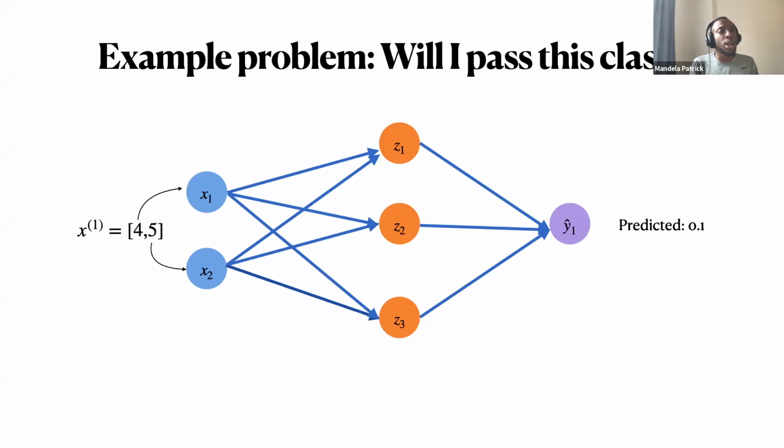So the neural network predicted 0.1, or a 10% chance that you pass the class. But the actual probability is more like 1, because as you saw from the graph, the more lectures you attend and the more hours you spend on your homework, the more likely you are to pass the class. So in this case, the neural network predicted the output as 0.1, which is fundamentally wrong.